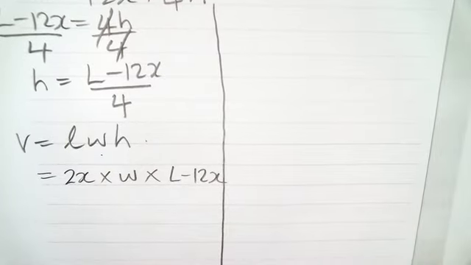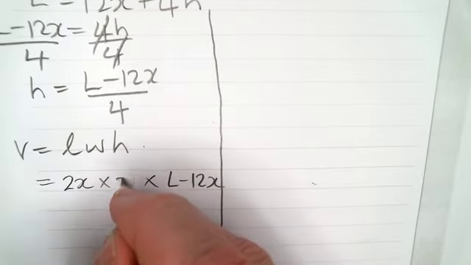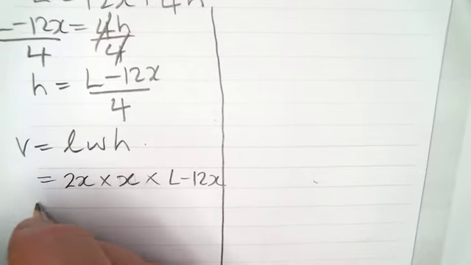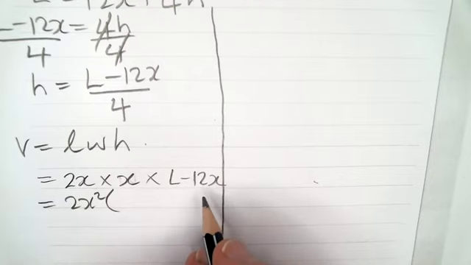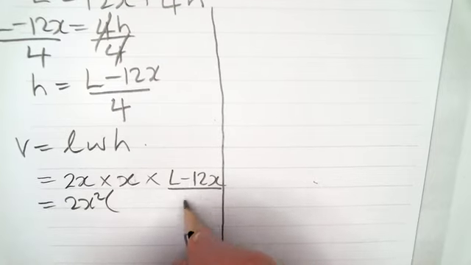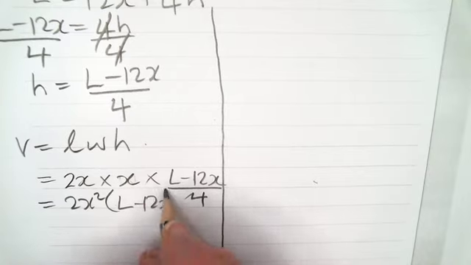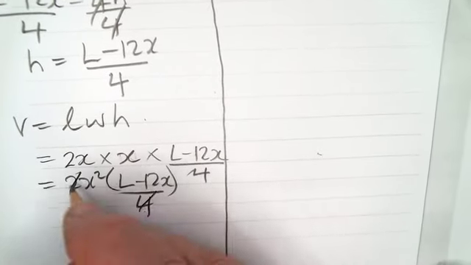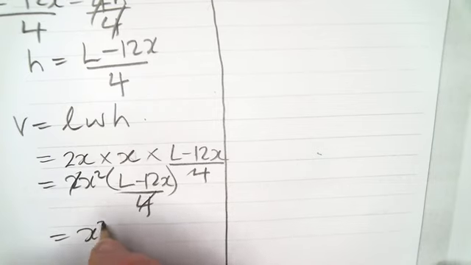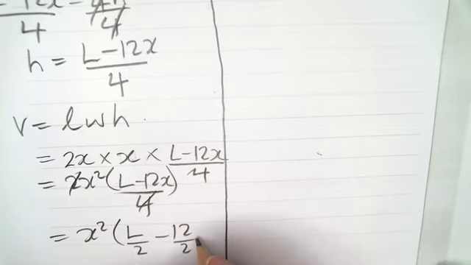Oh, W, we know W is x. What am I doing? So let's put an x in there. So this is going to equal 2x squared times (L minus 12x) on 4. Well, of course, 2 and 4 goes in. x squared times, I'll put L over 2 minus 12 over 2.